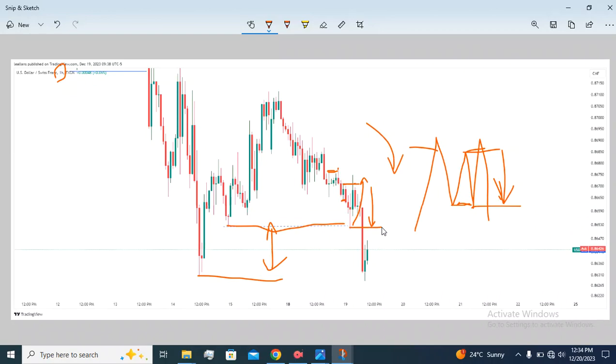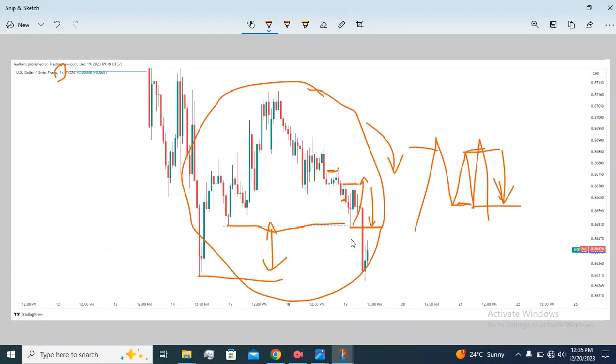So that is exactly what was happening on this one, on USDCHF, this week, right? And you can see this low has been taken, or not yet.